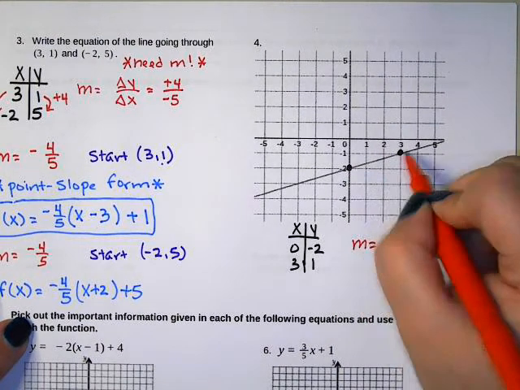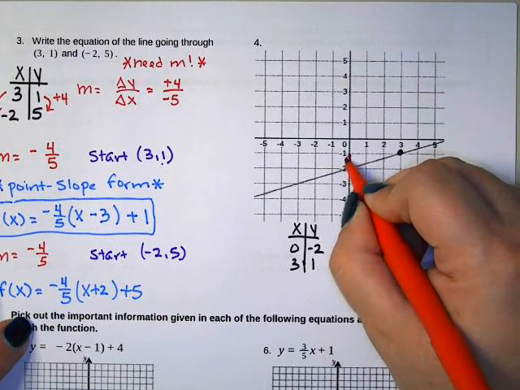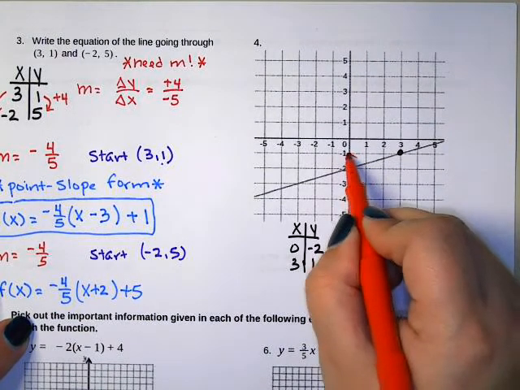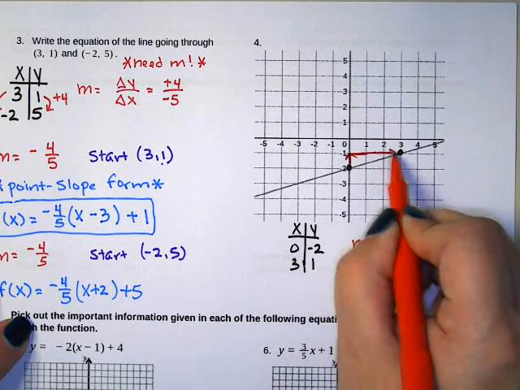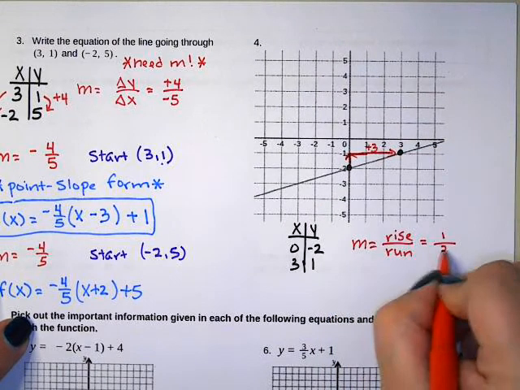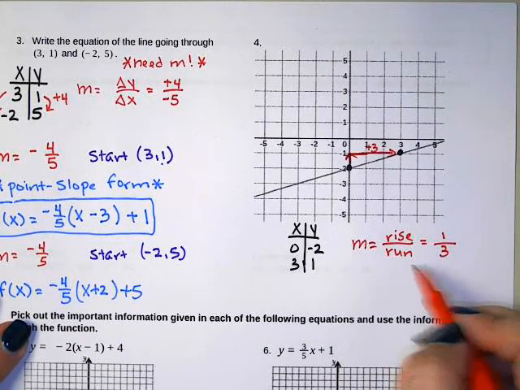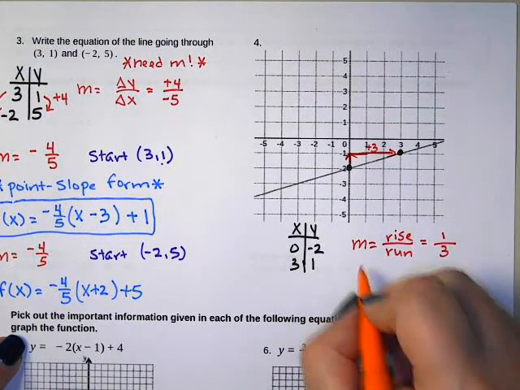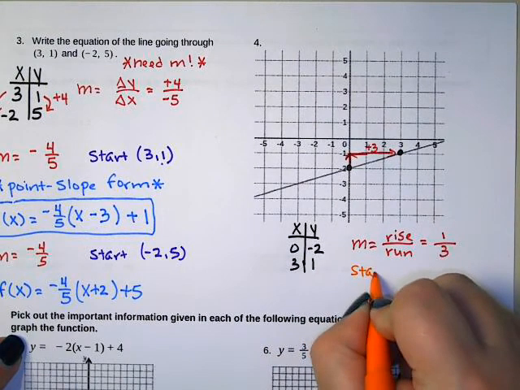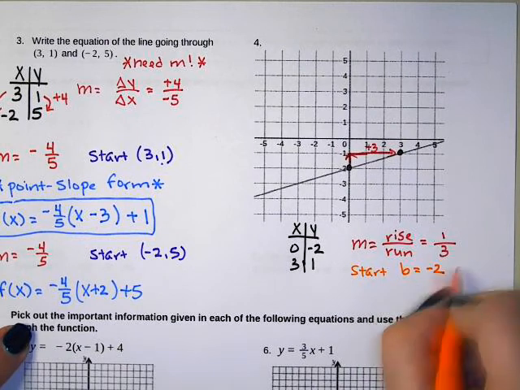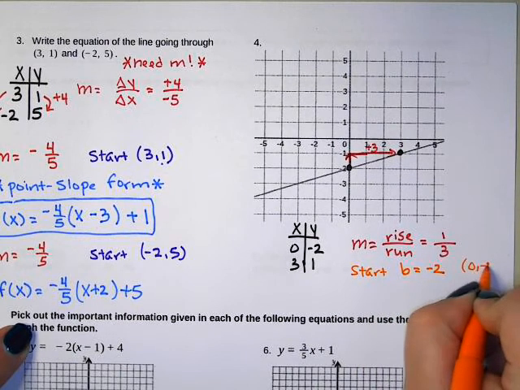So to go from this point to this one, I'm going to go up 1, which means I'm going to rise 1, and I'm going to run 3 to the right. So that's a positive 3. So that means my slope is 1 over 3. And in this case, I luck out that I can use the starting value of b equals -2, which is really the point (0, -2).